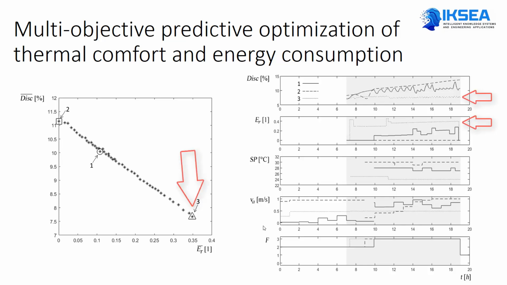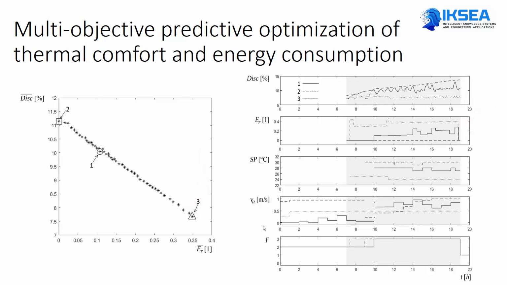Solutions with fewer dissatisfied, such as solution 3, require more energy spending, which results in a lower HVAC setpoint, as we have already seen in the Pareto profile.